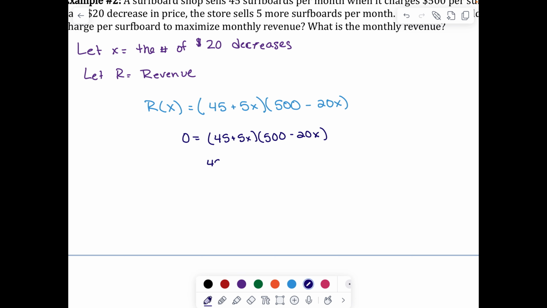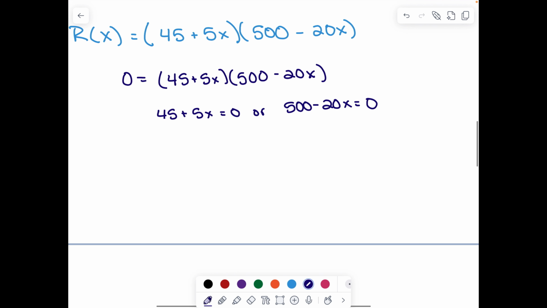So I set 45 plus 5X equals 0, or 500 minus 20X equals 0. So I have 5X equals negative 45, X equals negative 9, or 500 equals 20X, so X equals 25. So again, that's where our graph would pass through our x-axis. So those are our zeros.